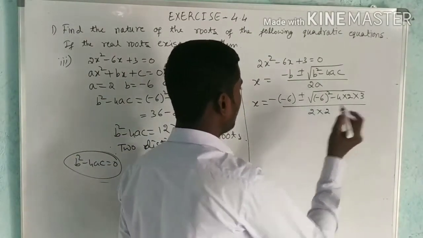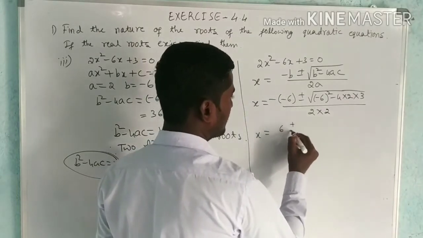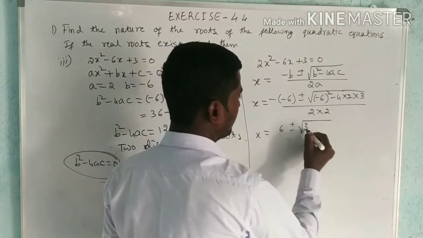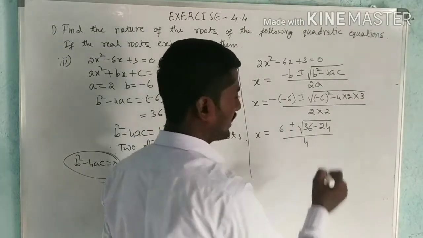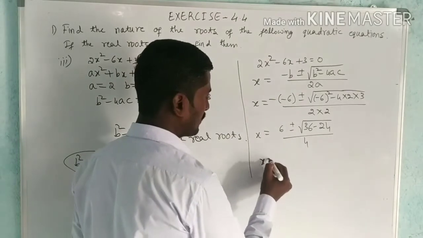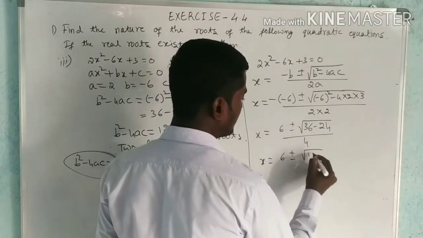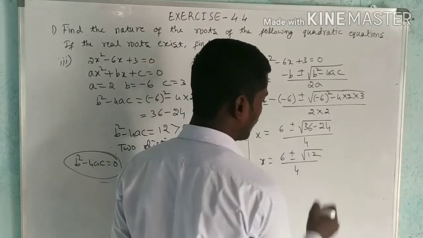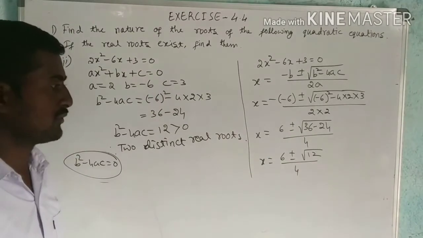Now x equals minus into minus, it is plus 6 plus or minus square root of 36 − 24, divided by 4. Now here x is equal to 6 ± √12 divided by 4. Now I have to write √12 in simplest form.